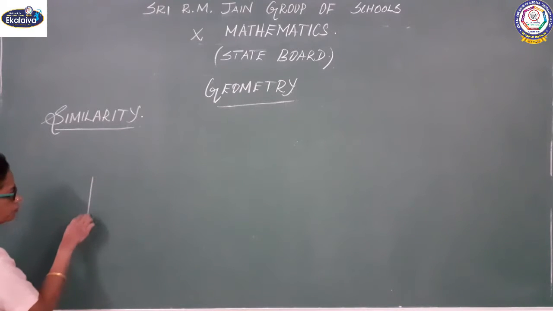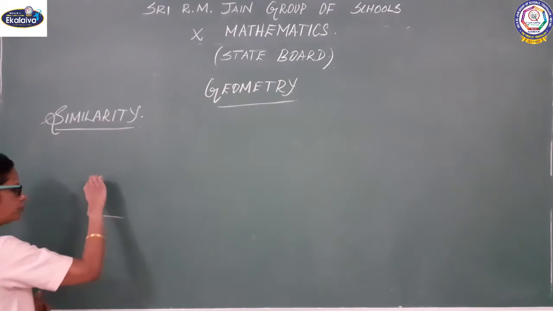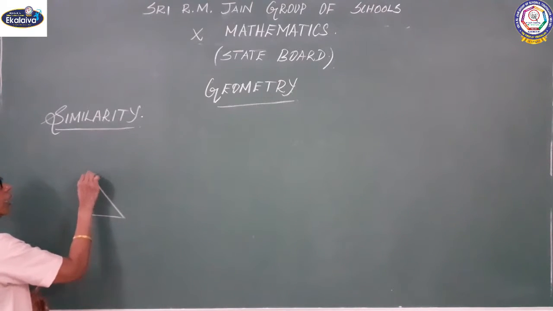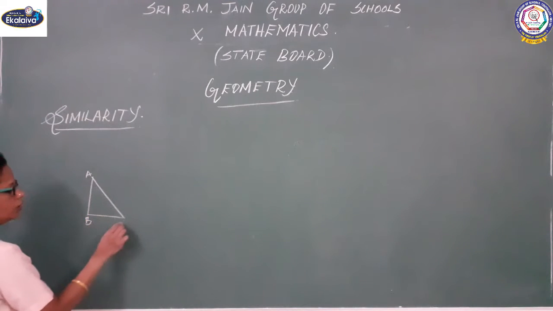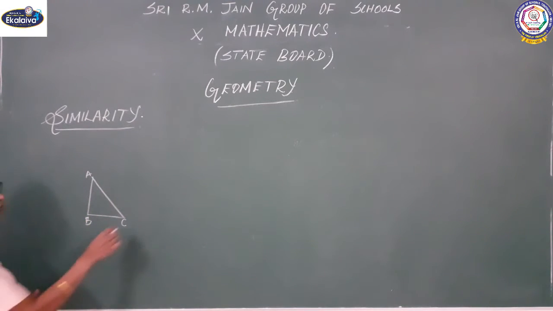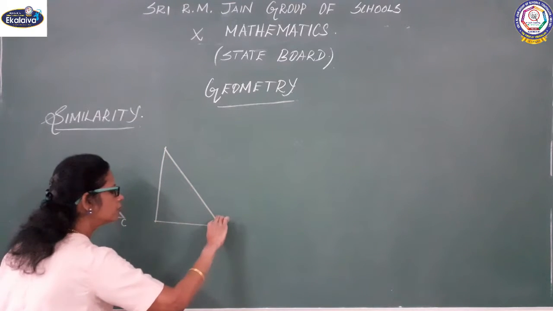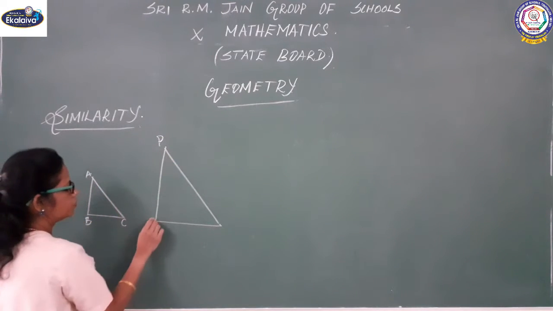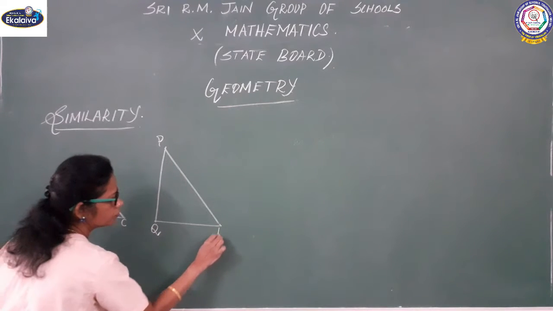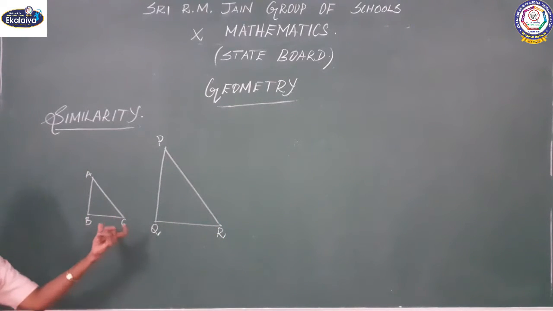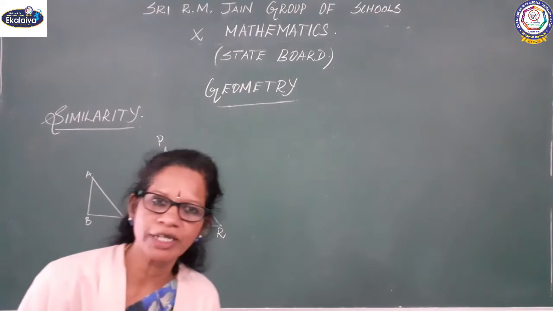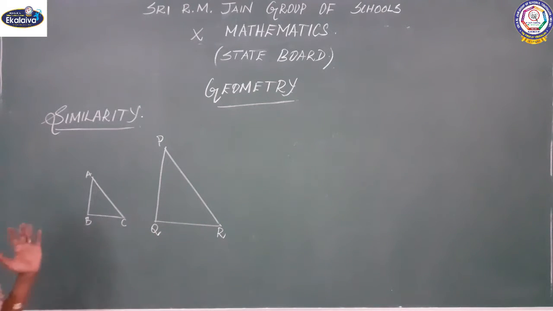See here. A, B, C. When you see this picture, what comes to your mind, children? It is a right triangle, right?